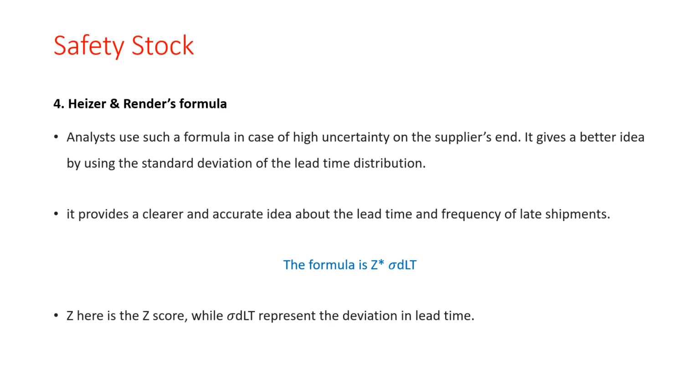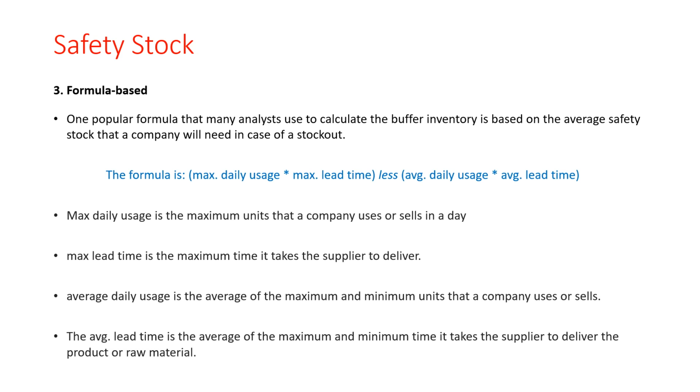At the same time, the Z score is how sure we need to be for the safety stock. A low Z score would mean we expect higher chances of running out of stock. So this is the Heizer and Render's formula, where the demand value changes, not a constant.